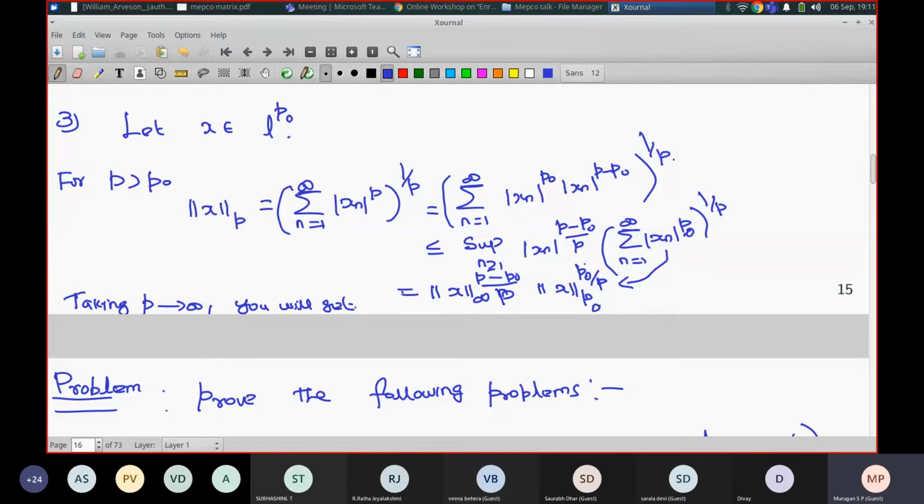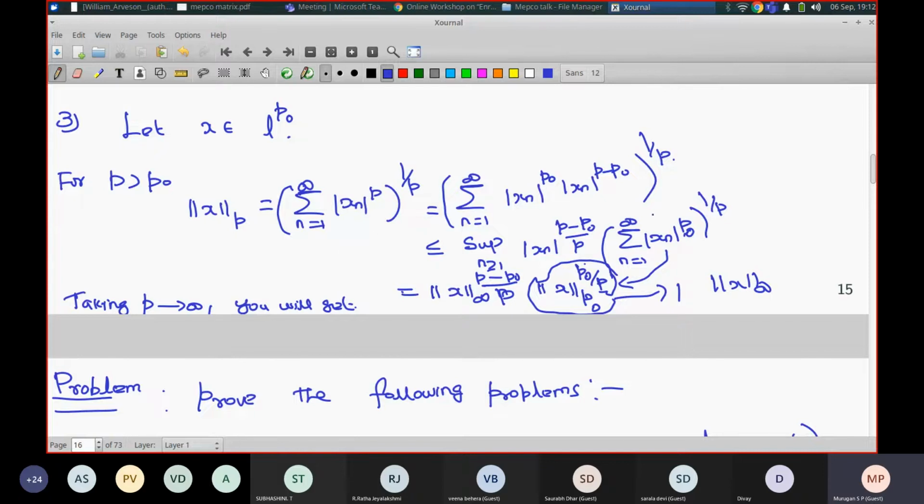So you will get this. Now you need to take p tends to infinity. If you take p tends to infinity, this quantity converges to 1, but this quantity converges to norm x infinity.